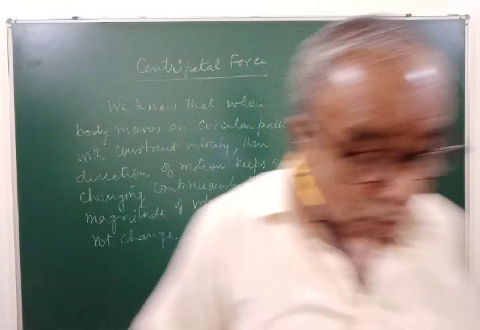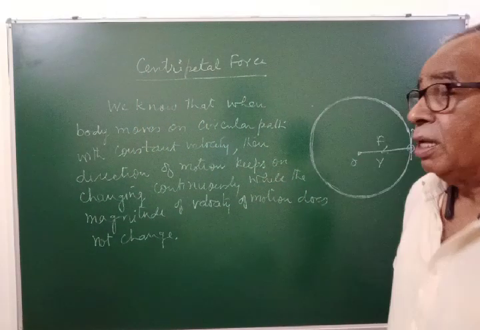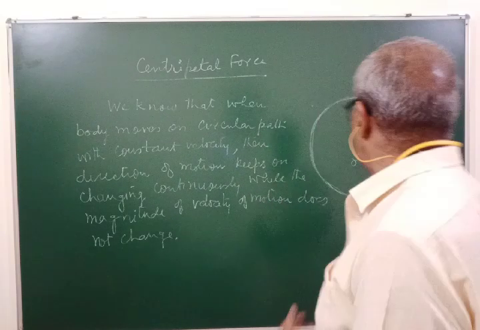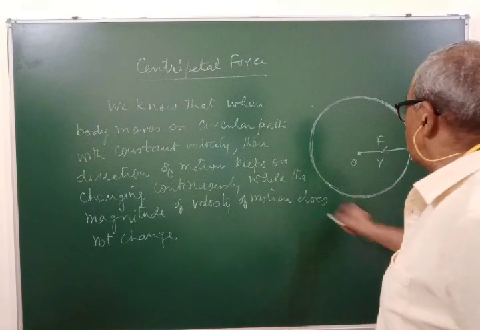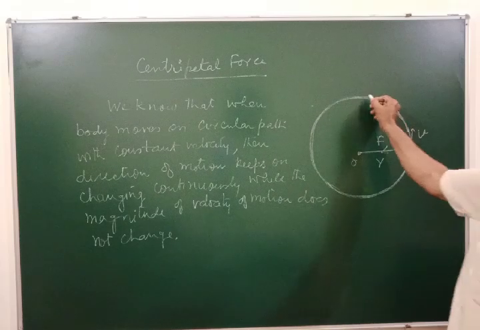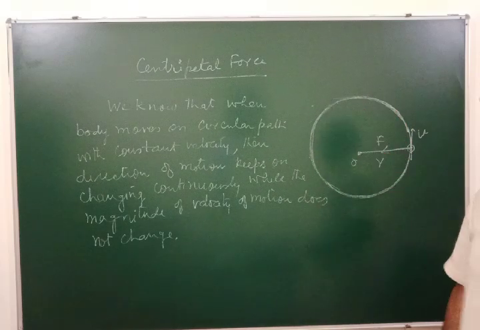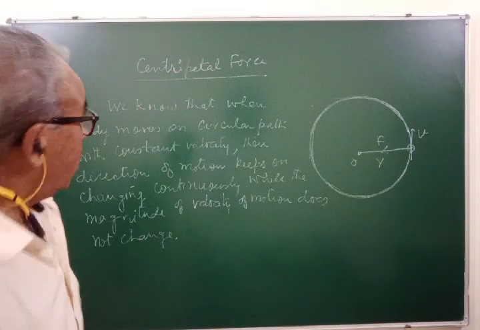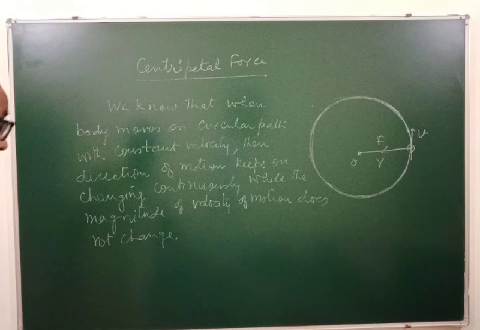Velocity being a vector quantity can change either by change of magnitude or change of direction. So when a body is moving on a circular path, here velocity this way, here this way, the magnitude is the same but the direction keeps on changing. And when velocity changes, there is acceleration.